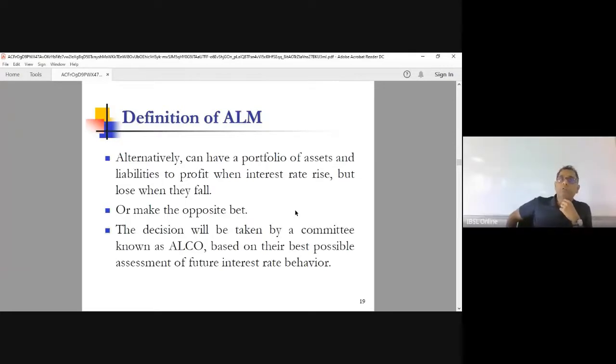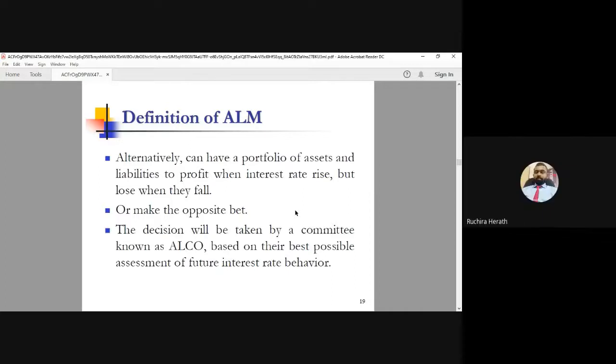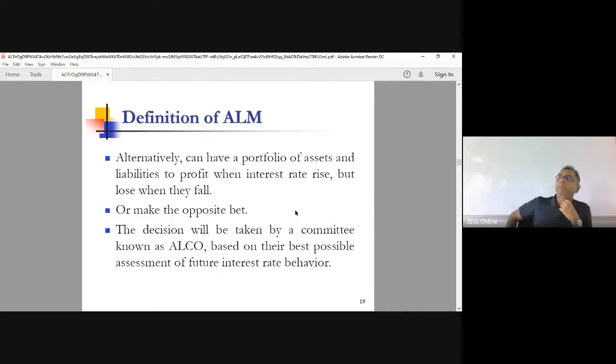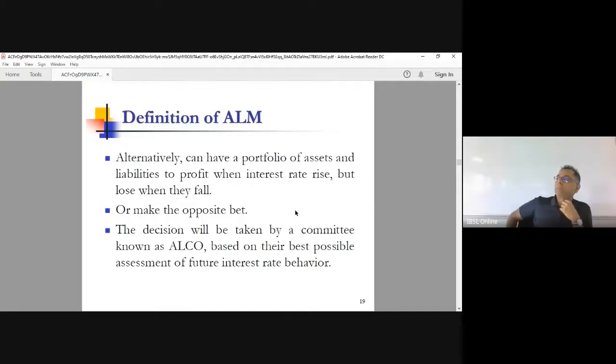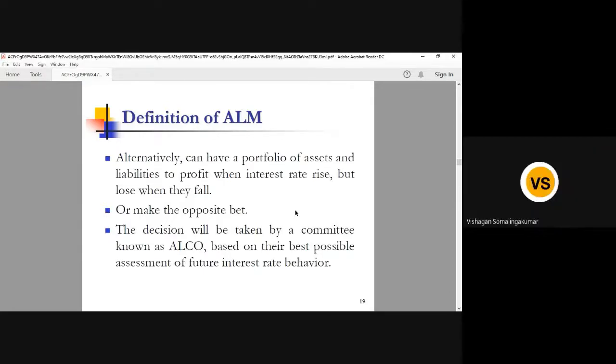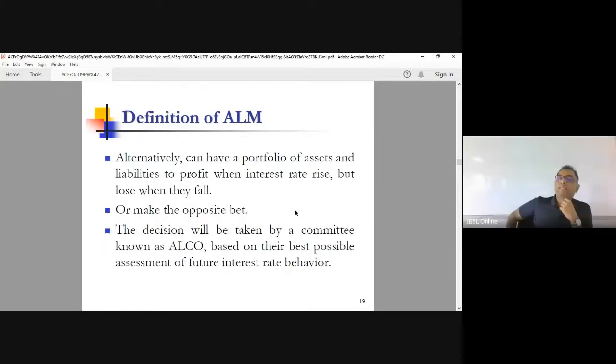Where do you work, Rushid, again? NDB. NDB, right? Yes. I don't think they will be happy paying 7% for a deposit, but still, okay. Anybody else? Five, 5.5. Yes, that's right.